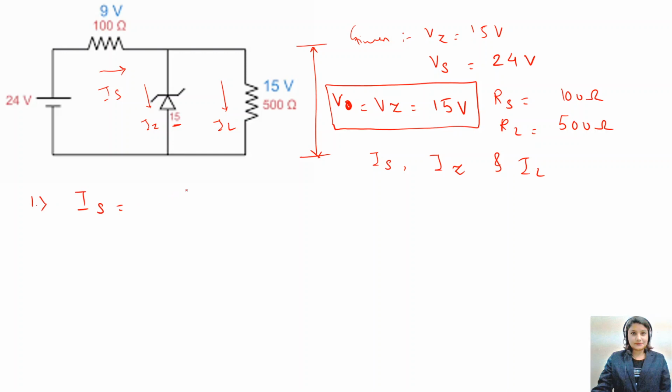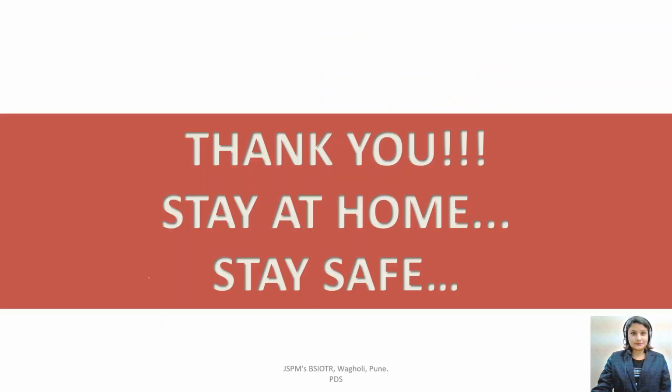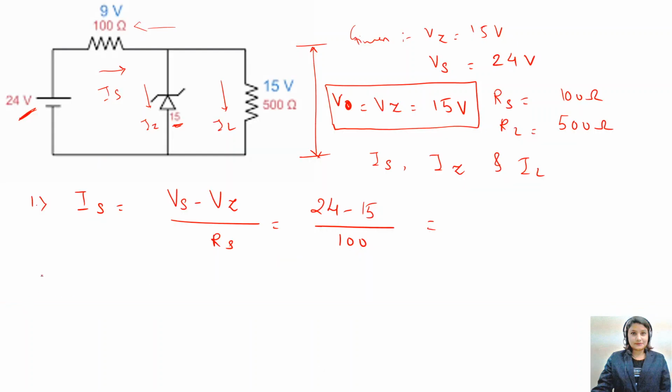Is is equal to, you know the formula, keep it in mind logically, don't mug it up, Vs minus Vz upon Rs. Vs is 24 minus Zener voltage 15, divided by the value of Rs, 100. Calculate whatever the current is.